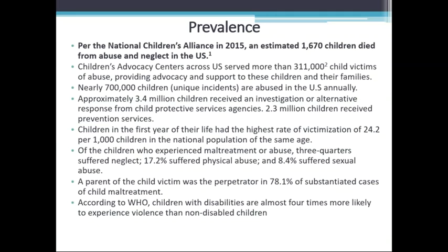And a parent of the child victim was the perpetrator in 78% of the substantiated cases of child maltreatment. And then the last one, which I thought was also really concerning and important to be aware of, is that according to the World Health Organization, children with disabilities are almost 4 times more likely to experience some sort of violence than non-disabled children are.